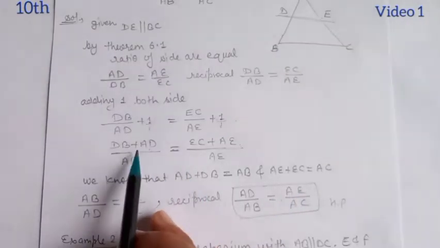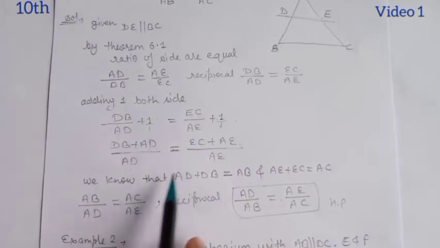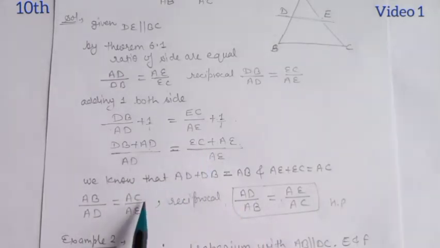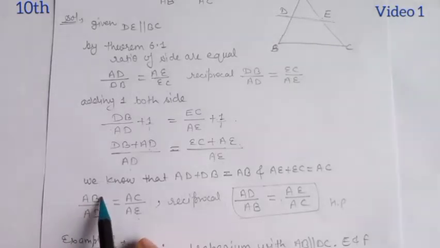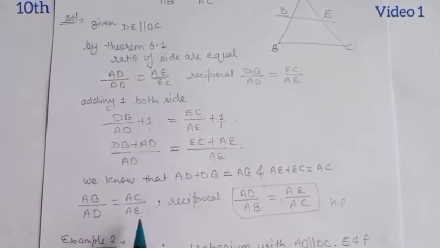Now we can write it as AB upon AD is equal to AC upon AE. After taking the reciprocal, AD and AE come in the numerator, and AB and AC in the denominator. So we can write AD upon AB equal to AE upon AC.